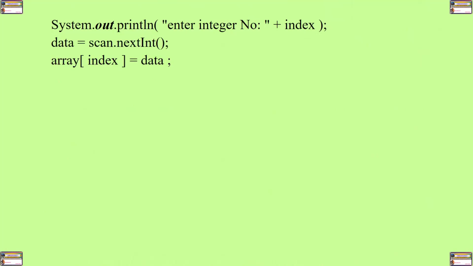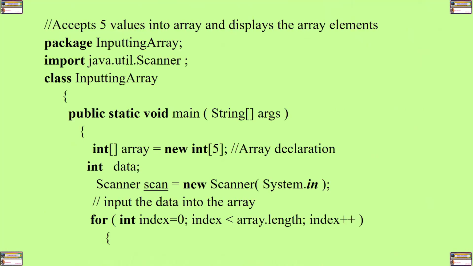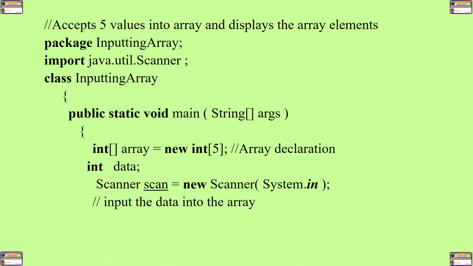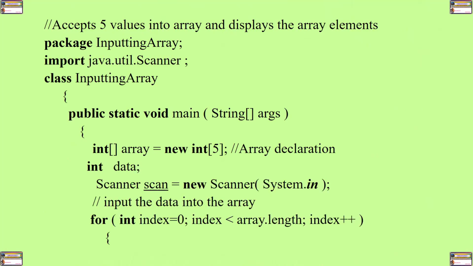From there, the compiler will pick that value in data and assign it into the array at the index specified. So if index is 0, that value will be assigned into the array at index 0. And that will continue once this brace is encountered. The compiler will now come to the last part of the for loop and increment index by 1.